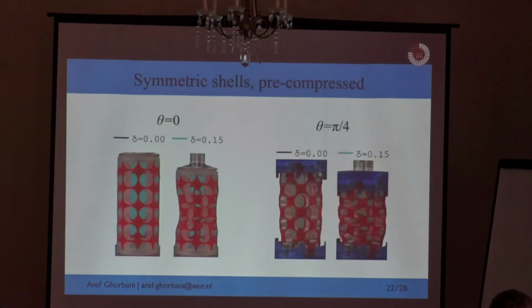So that's the difference. I also have a little information on what happens to the asymmetric shells. When you are compressing it, as I said, this one has a negative Poisson's ratio, so there is a little bit of contraction, a negative radial strain. But in this case, there is a positive strain, which means there is a positive Poisson's ratio here. Nothing is different but the angle of the orientation of the unit cell. So we clearly know these systems are anisotropic, but the point is that we can design this anisotropy to do something useful for the system, as we saw previously.